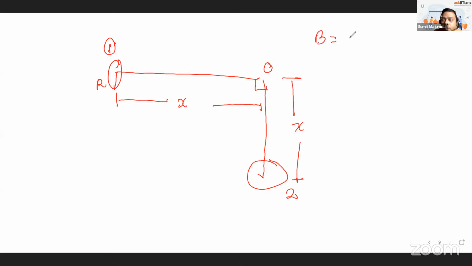So the magnetic field, if we write it down, is going to be given by mu naught divided by 2, into I R square upon R square plus X square, to the power 3 by 2.